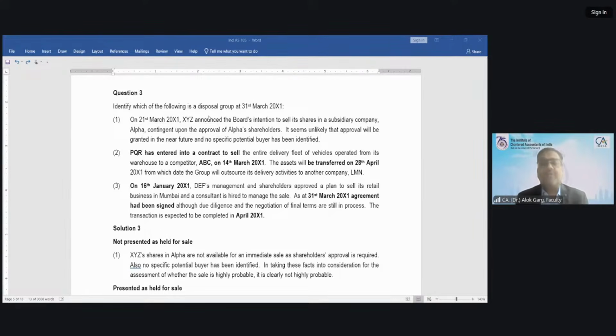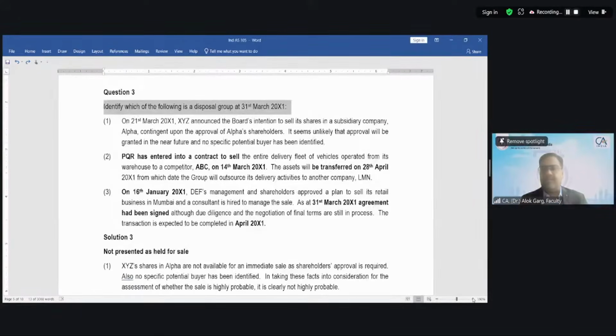So basically there are three situations, and the ask of the question is about which situations are disposal groups as on 31st March 20x1. I hope the Word file is visible, right? Yes, sir.